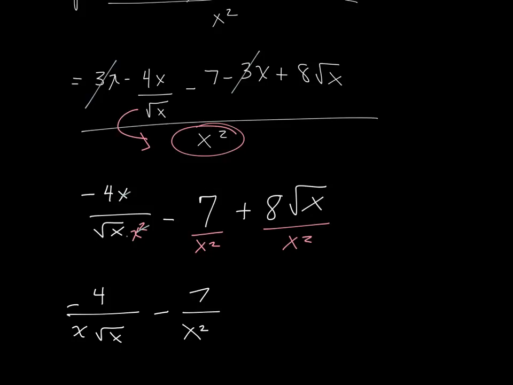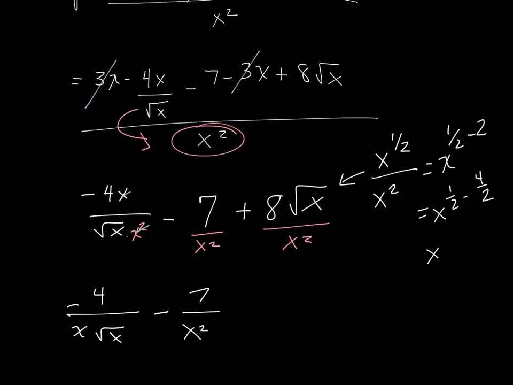This one's going to be a little weird how you do it, but remember, first of all, that that's to the 1/2 power, and when you're dividing same bases, you subtract the exponents. So I'm going to subtract 1/2 minus 4/2, and that will give me x to the negative 3/2.